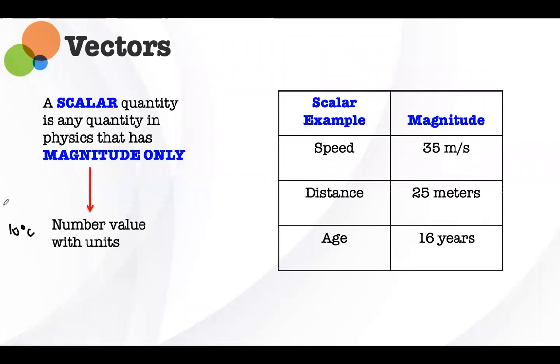Other examples of scalars are speed, where you only take into consideration the magnitude and your units, distance as well, 25 meters, and age, just 16 years. So you're not really considering the direction.